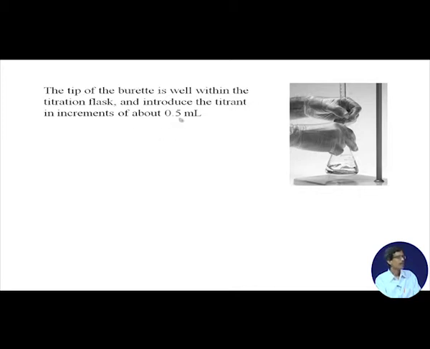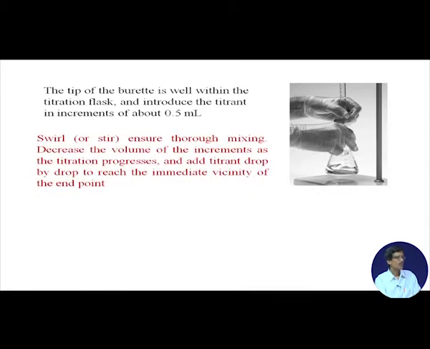So, at an incremental level of 0.5 ml, we should introduce that volume from the burette, which is a graduated volumetric device. From drop by drop addition of those volumes, we add the titrant to the conical flask. After the addition we stir for thorough mixing, with the volume of the increments decreasing as the titration progresses.